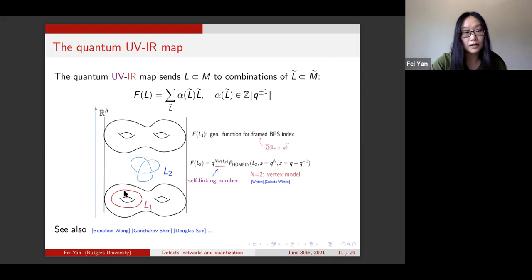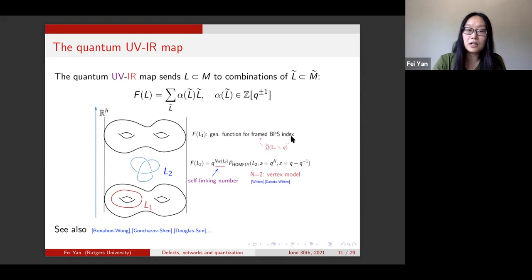For example, this red L1 here. Namely, it just corresponds to a loop on the Riemann surface. In this case, what you get in the 4D class S theory is just the ordinary half-BPS line defects. And if you run this quantum UV-IR map algorithm, what you get is a generating function for the framed BPS indices that we described at the beginning of the talk associated with these line defects in class S.